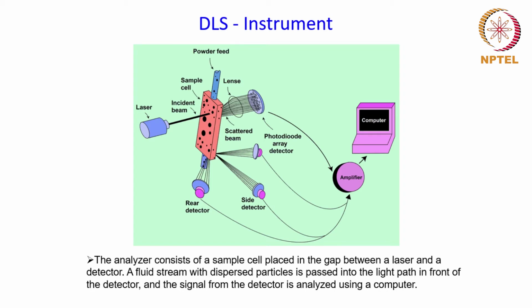Now you can also see there are lenses which help in focusing the scattered intensity onto the detector. So the signal is collected by the detector and sent to the computer where it is analyzed with the help of that autocorrelation function that we talked about before, and the particle size is derived from that data.